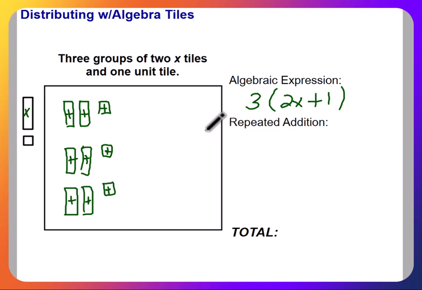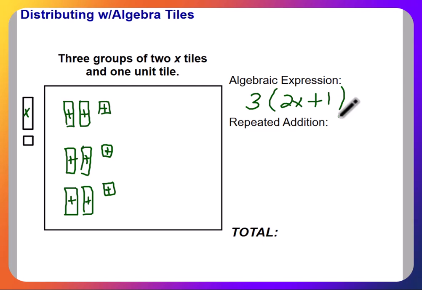So this algebraic expression reads 3 groups of 2x plus 1. So we took an algebraic expression, we drew the equivalent model using algebra tiles, and then we wrote the equivalent algebraic expression. These 3 things are all equivalent ways to represent the 3 groups of 2x plus 1.